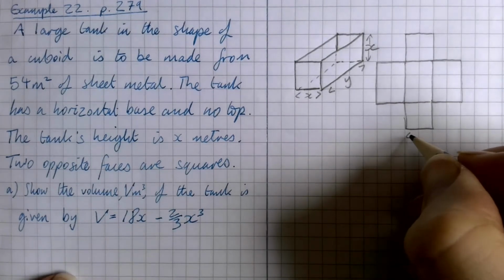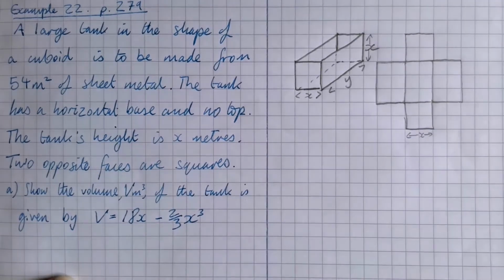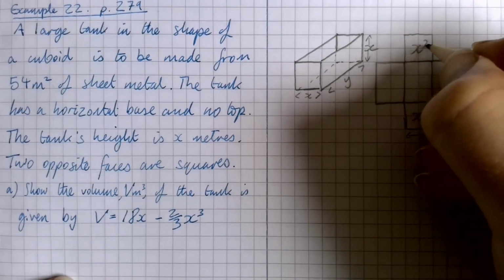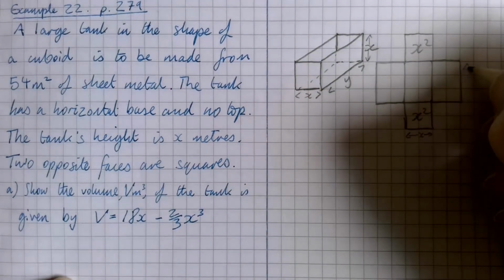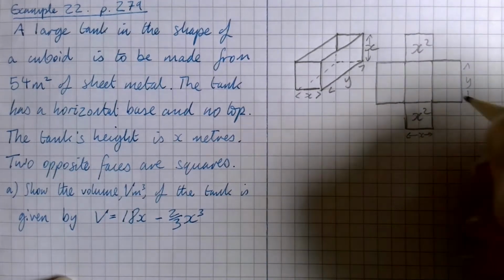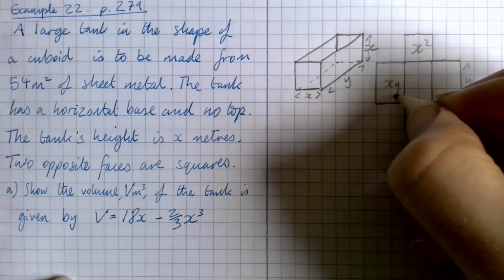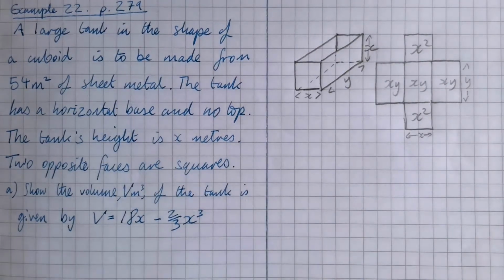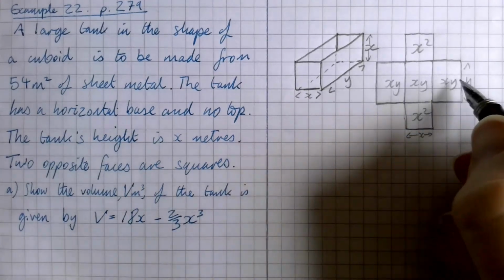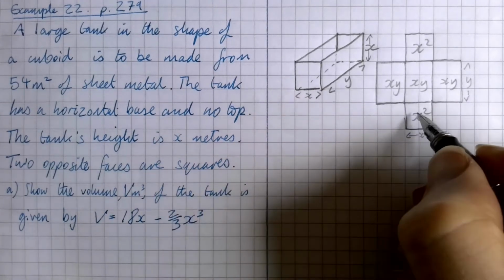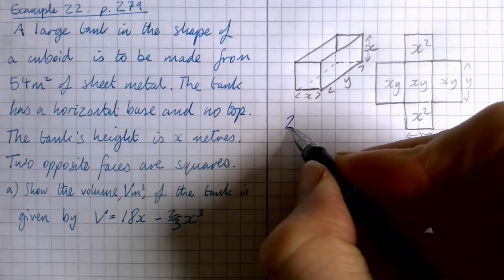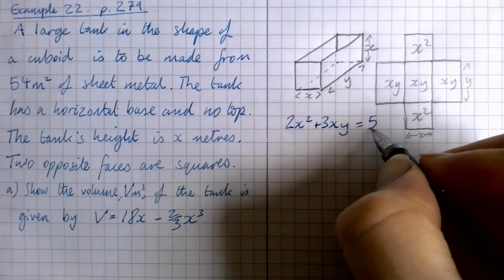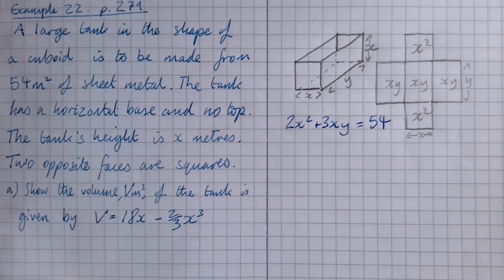As these two squares are x wide, that's going to give me x squared there, x squared there. As all of these lengths are y, I'm going to have xy, xy and xy, which would all add up to give me 3xy, wouldn't it? So I could say that I've got 2x squared plus 3xy, and that is giving me 54.